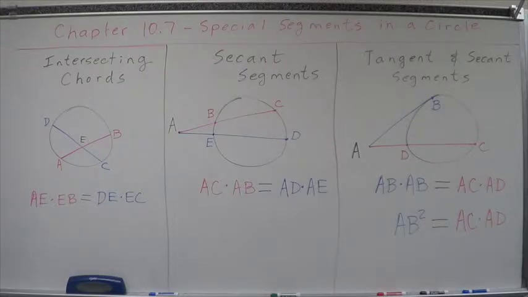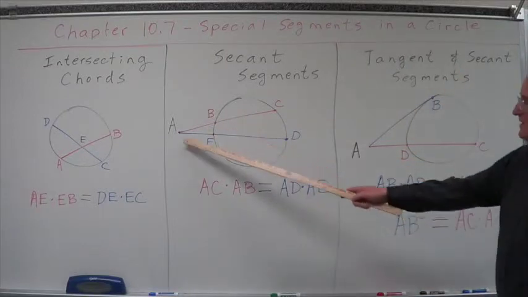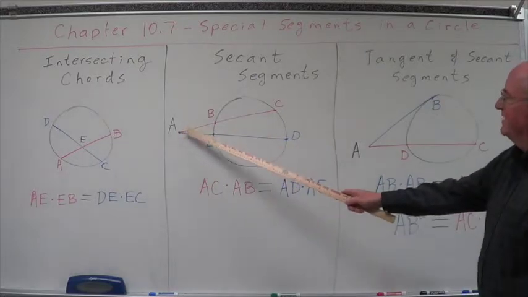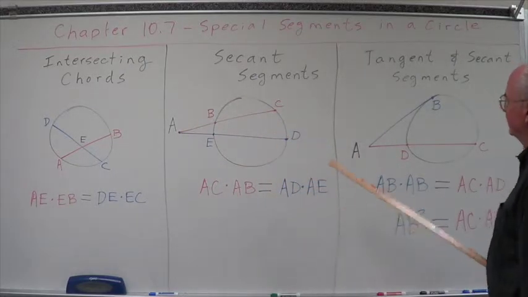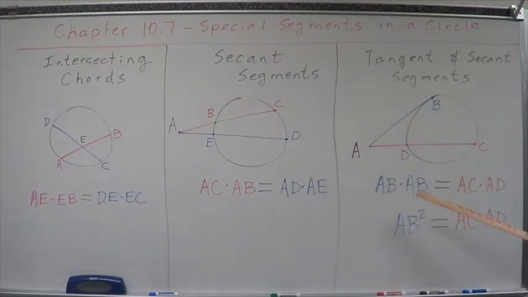Then we have the tangent secant segments. And on this one, the tangent, we square it. It's sort of like doing this here, okay? We've got two things here. We have to have two things for that, so we just take that one and multiply it by itself, because it's tangent.